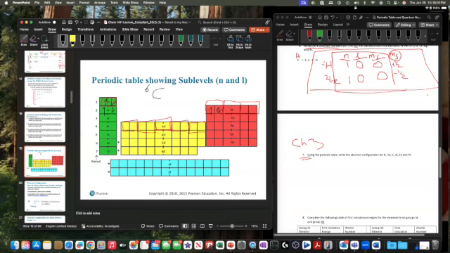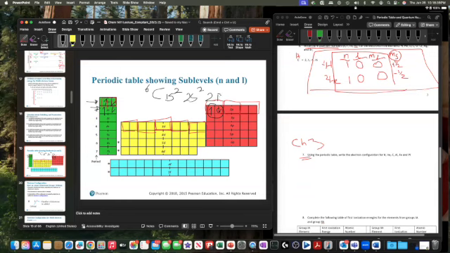For the configuration, you write in the first sublevel, labeled 1s, 2 electrons. The next 2 electrons, electron 3 and 4, are placed in the 2s sublevel. When you're filling, you go from left to right, so fill the 2s here, then the 2p. While 2p can hold up to 6 electrons, we are only placing 2 for now.